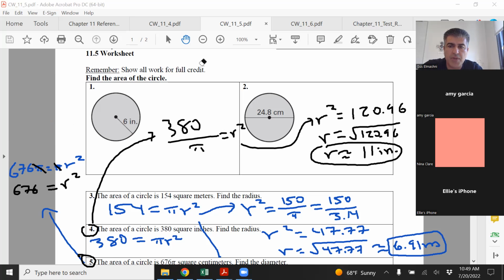And then for number 5, let's change colors. Root 676 equals r. R will be 26. So the diameter will be 52 centimeters.